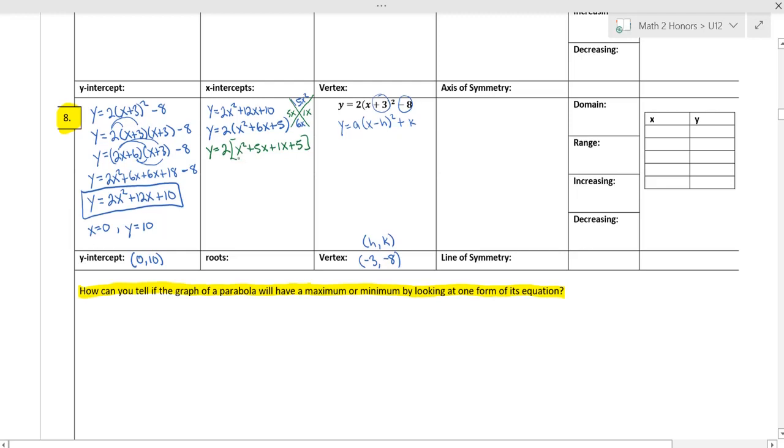And factor by grouping. I factor an x out of the first two terms here, and I get x times x plus 5, plus factor 1 out, and I'm left with another x plus 5.